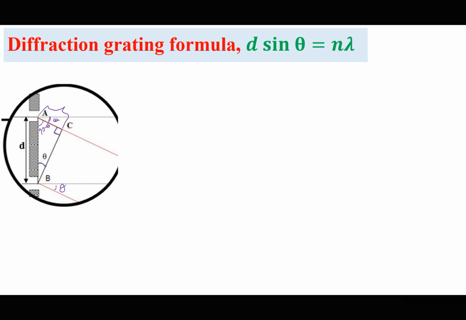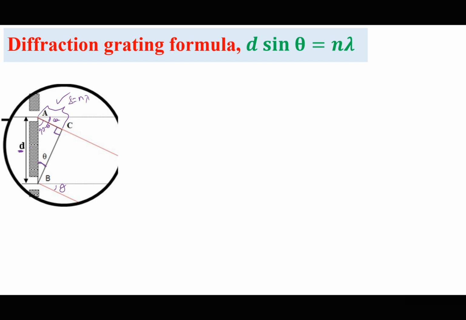So SC is the path difference. Considering this right angled triangle with this angle being theta, SC is the opposite, BC is the adjacent, and AB, which is d, is the hypotenuse.